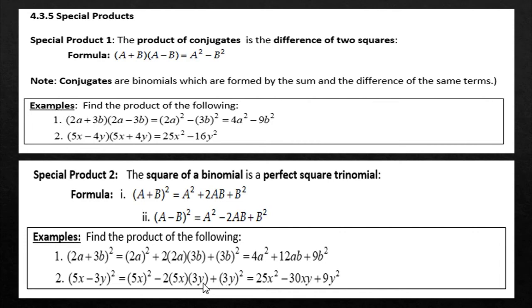So, 3 squared is 9y squared. So, the answer is, kani, 25 kay 5 squared man, x squared minus 30xy, since negative 2 times 5 is 10 times 3 is negative 30. Minus 30xy plus 9y squared.